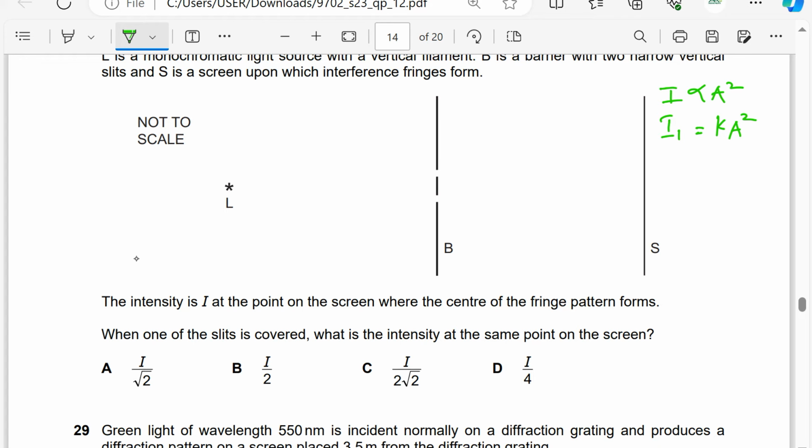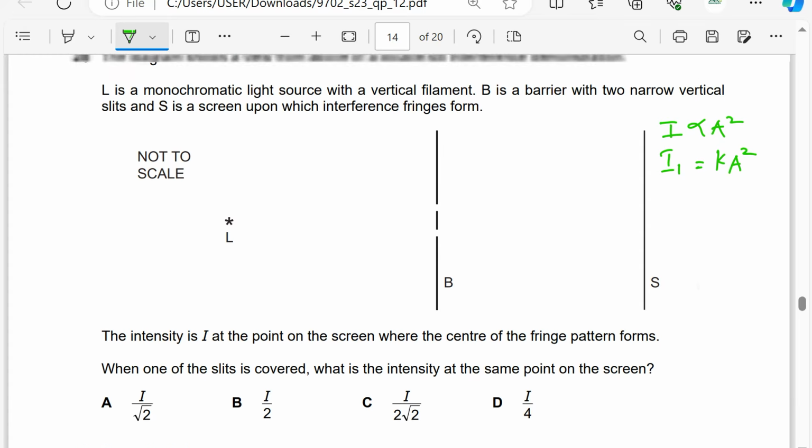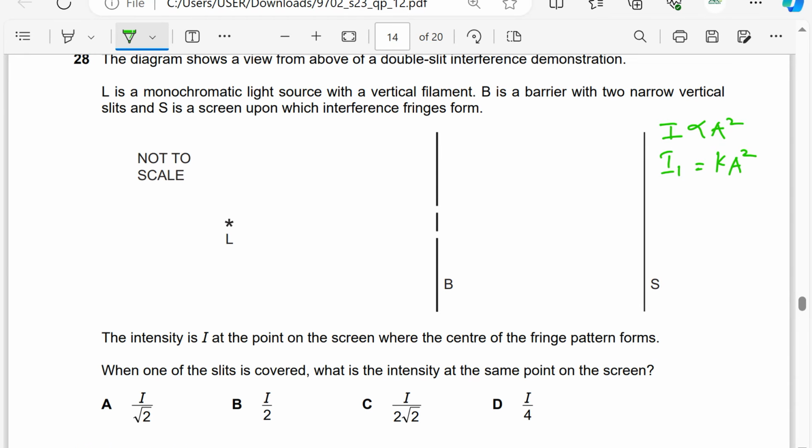So now if one of the slits has been covered, it means the amplitude is going to be halved. The amplitude has been reduced because the amplitude was due to two slits. Now it has been halved.